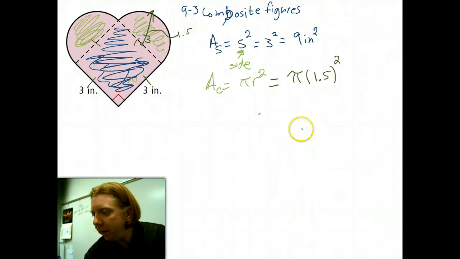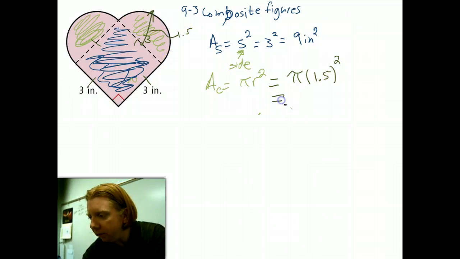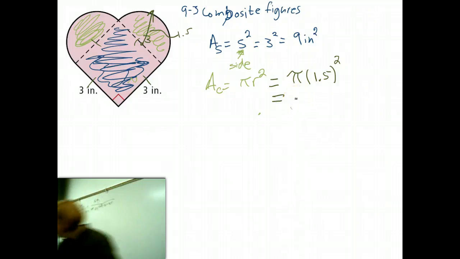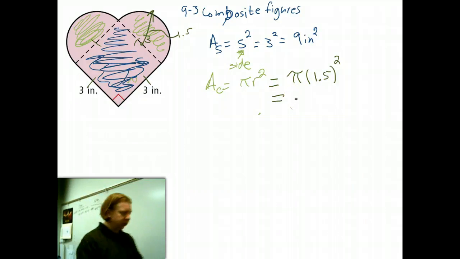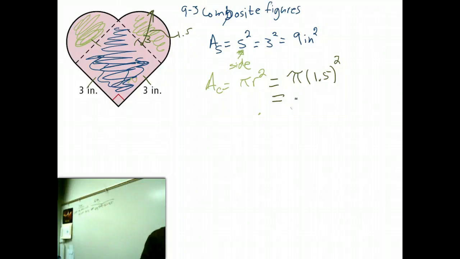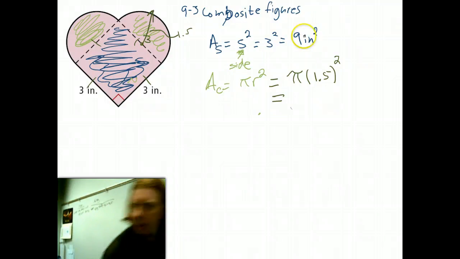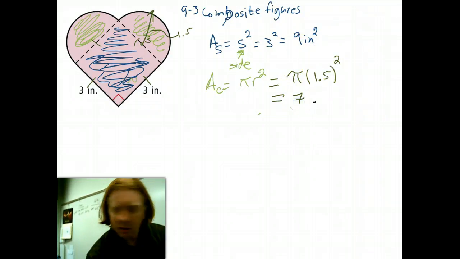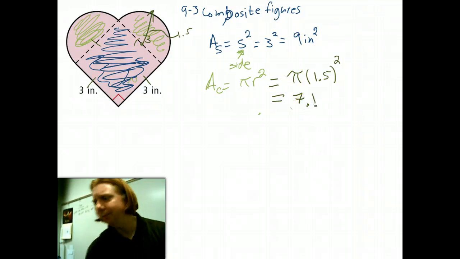And let's see, I break out my old calculator here to get through this. 1.5 squared times pi. 1.5 times itself times 3.14 gets me an answer of 7.1.